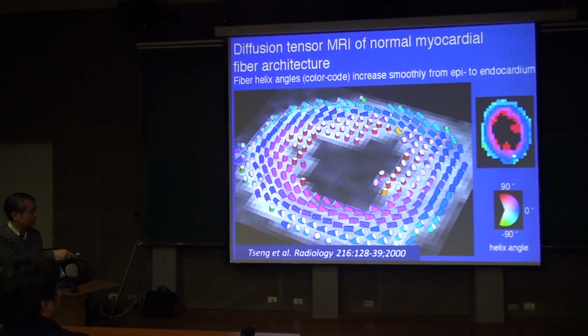Then going further to the inner side, the fiber goes back to the perpendicular direction. So it turns from outside to inside, from vertical to horizontal to vertical. It varies the orientation by 180 degrees from outside to inside.